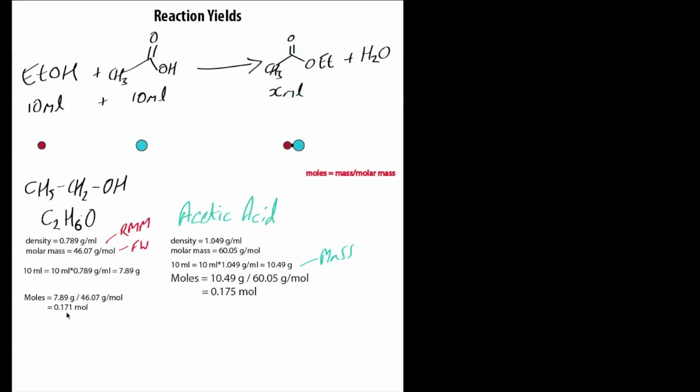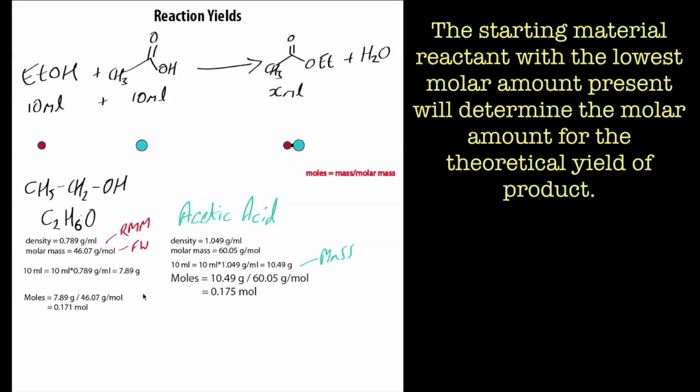Well, once 0.171 moles of ethanol is consumed, there's not going to be any more ethanol to make ethyl acetate. So that means there'll be a little bit of acetic acid left over in this reaction. And we know this because there's 0.171 moles of ethanol, but there's more acetic acid.